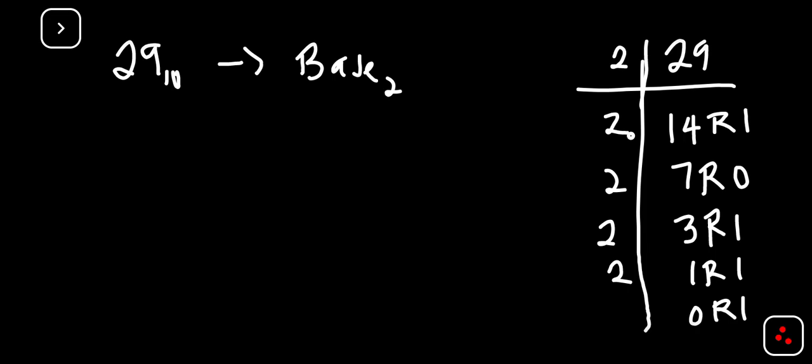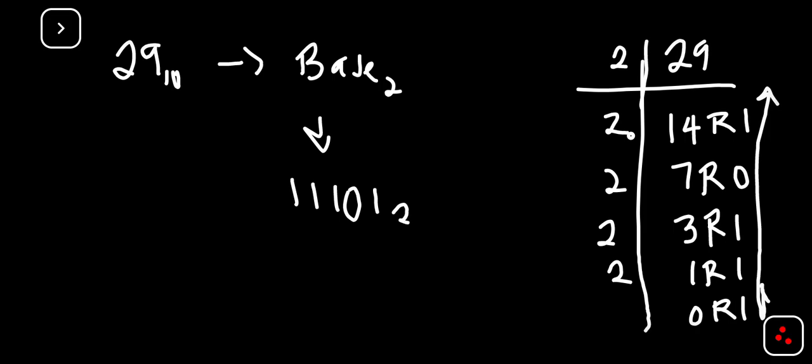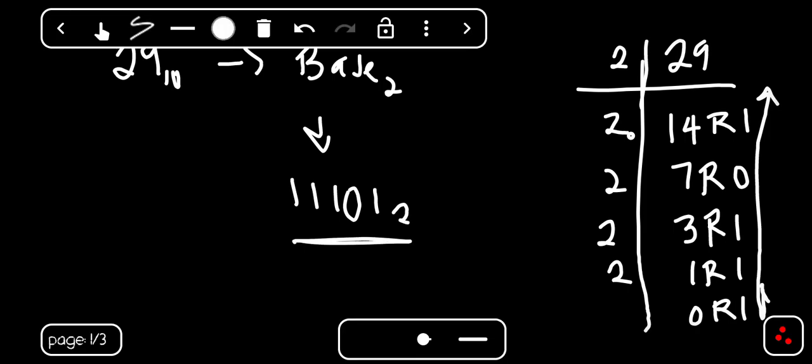So it's 0 remainder 1. So in this instance, we're taking the remainders, but we're going to take it from bottom to top. So our base 2 value of 29 is going to give us 1, 1, 1, 0, 1, base 2. This is the answer.